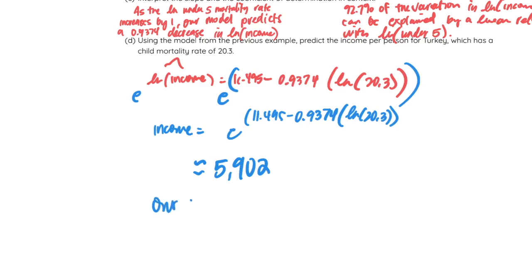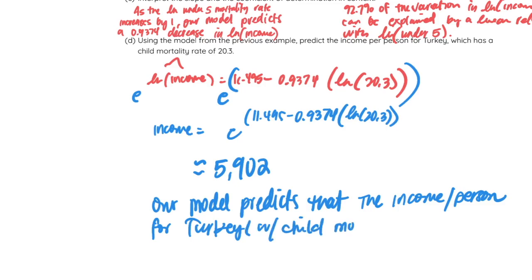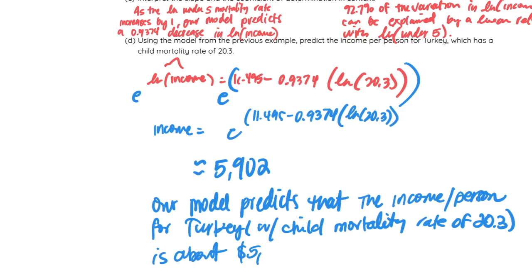So our model predicts that the income per person for Turkey with child mortality rate of 20.3 is about $5,902.